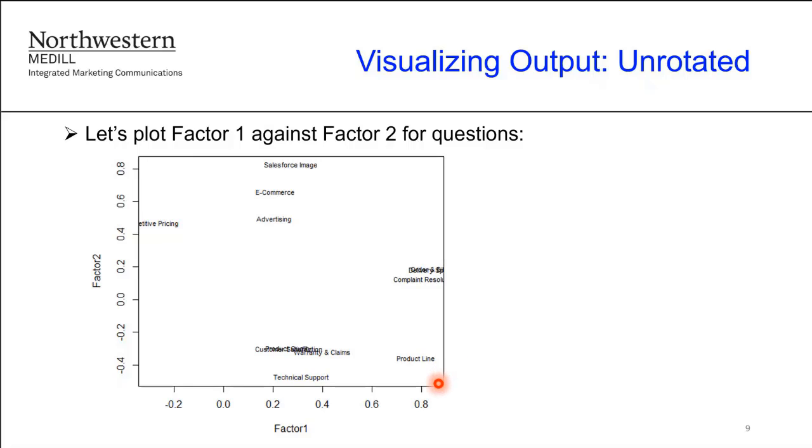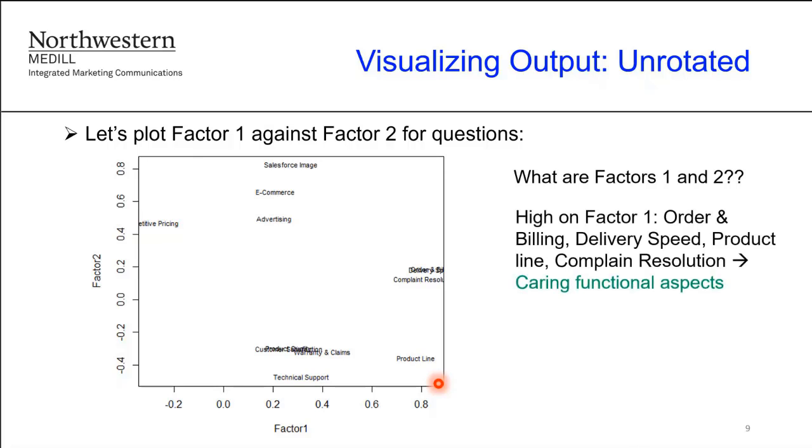So what are factor 1 and factor 2? We may roughly name the factors, factor 1 and factor 2, in this slide. Which variables have high values on factor 1? Again, these are order and billing, delivery speed, product line, and complaint resolution.